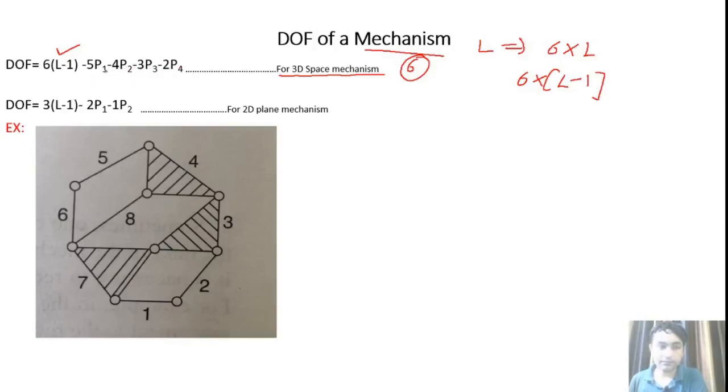Now study, what is P1? It means the number of pairs having degree of freedom 1, P2 the number of pairs having degree of freedom 2, P3 the number of pairs having degree of freedom 3, and P4 the number of pairs having degree of freedom 4.